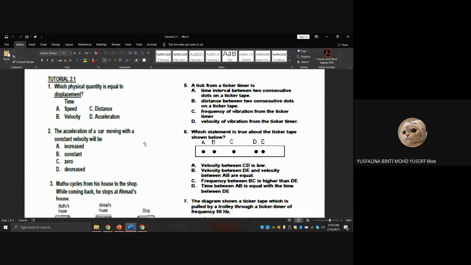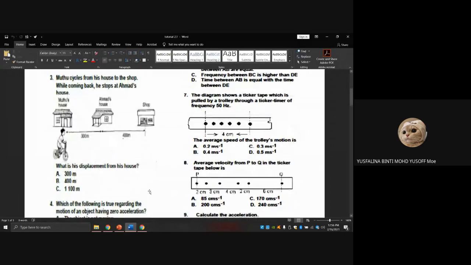Right, let's see number 3. Muthu cycles from his house to the shop. While coming back, he stops at Ahmad's house. What is his displacement from his house?